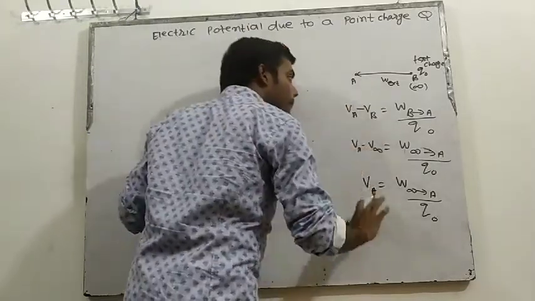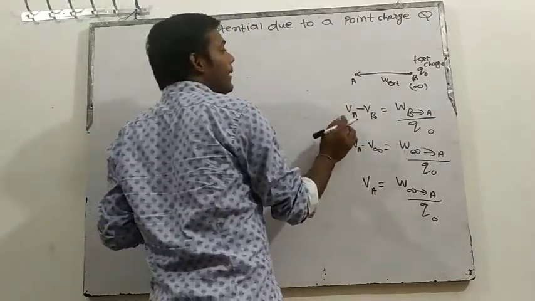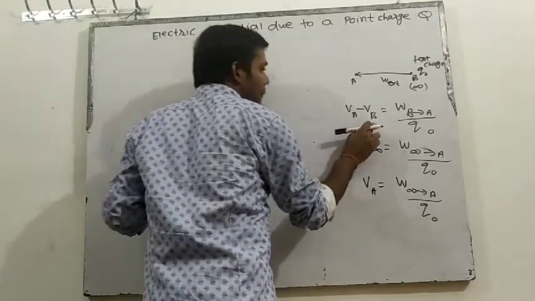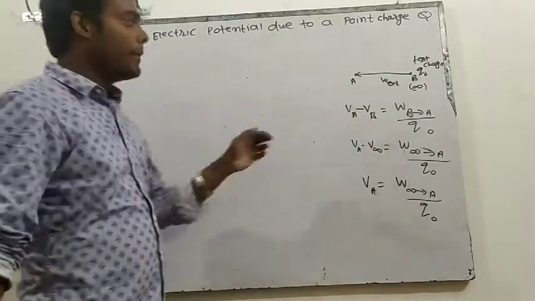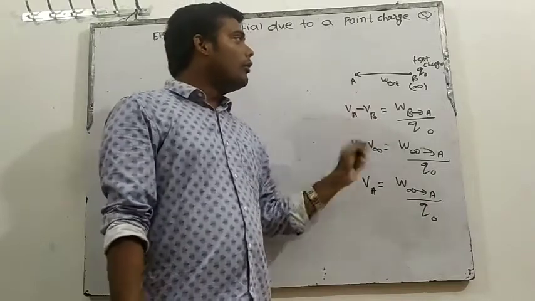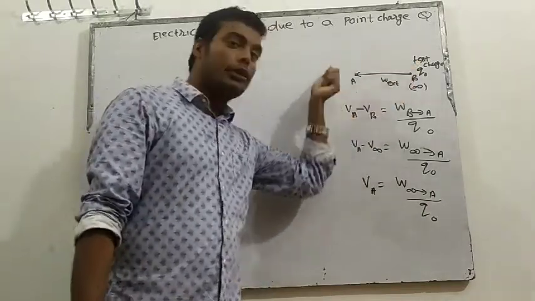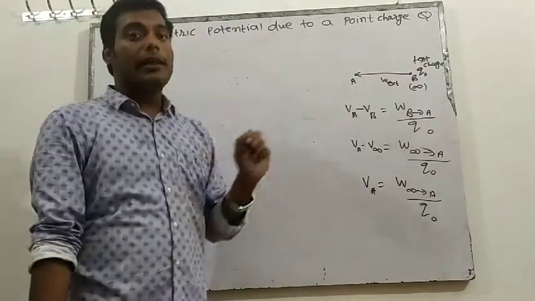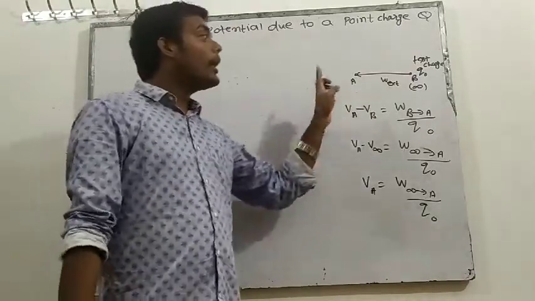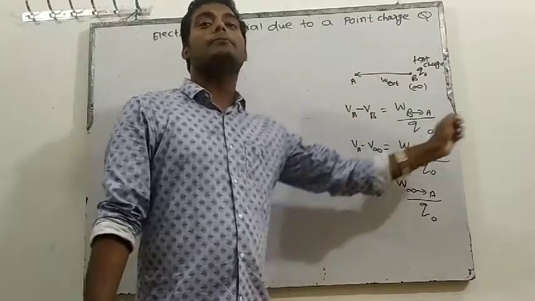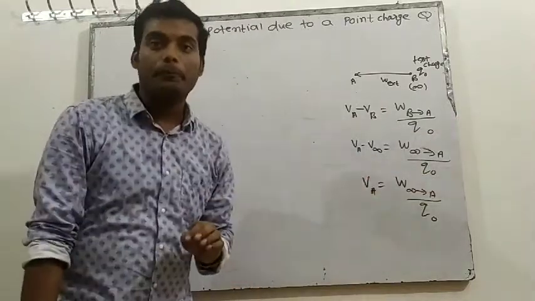So what was the formula? Potential is defined as work done in bringing a unit charge from infinity to any particular point.